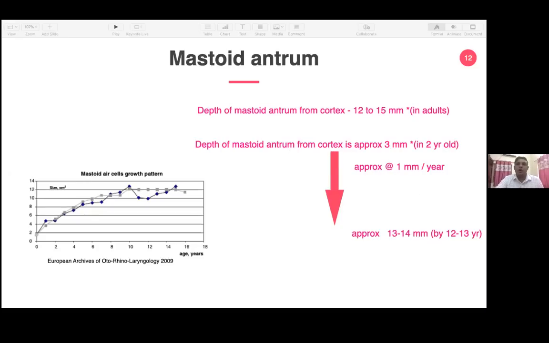Suppose you are operating on a 4-year-old child, your estimated depth of the mastoid antrum from the cortex would be 5 millimeters. So you are going to use a 4 millimeter burr. So you downsize the burr by approximately 1 millimeter and go ahead. Don't start with a 6 millimeter burr in a 4-year-old child. So this is the take home message here.